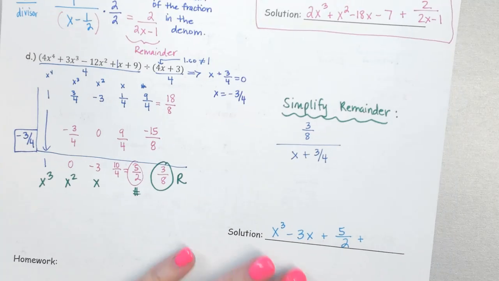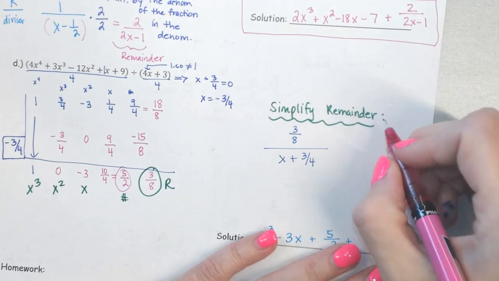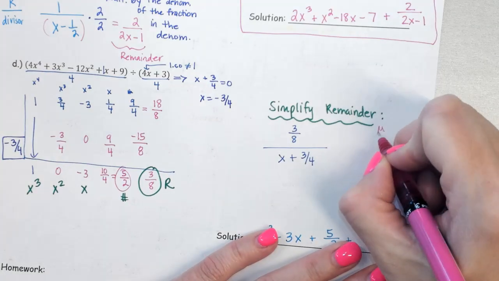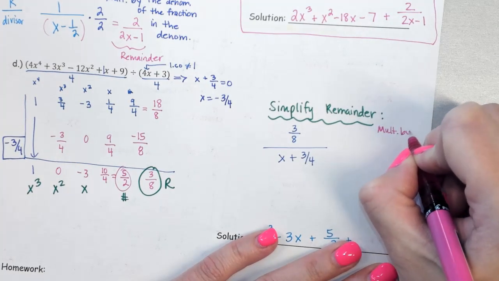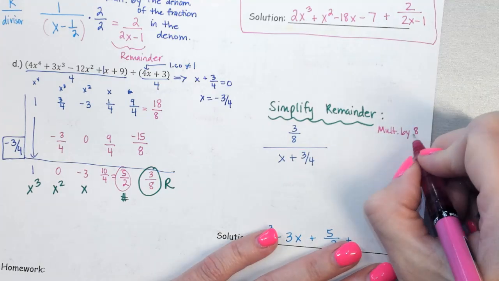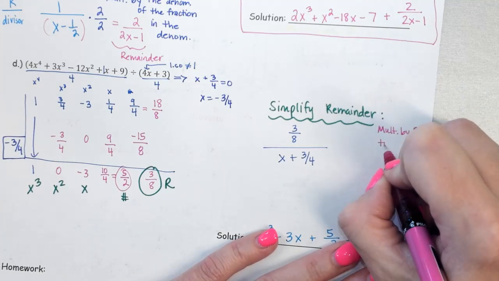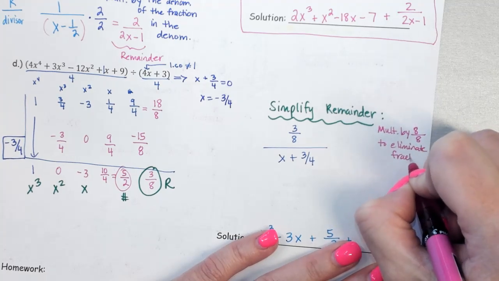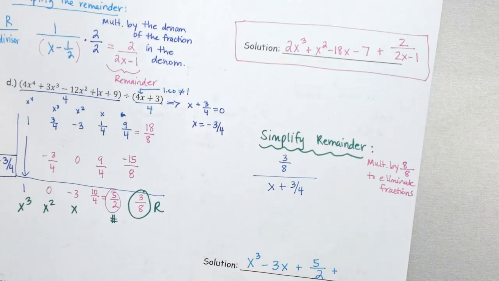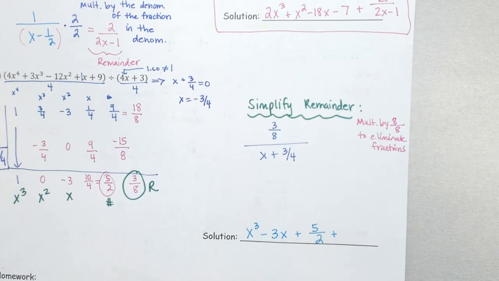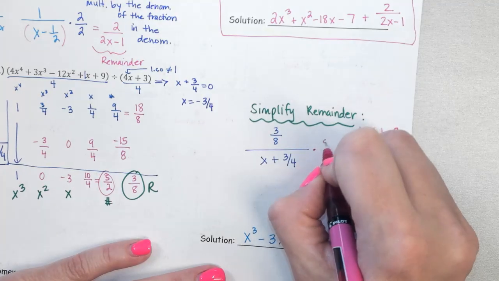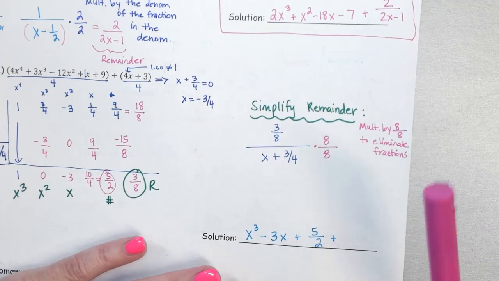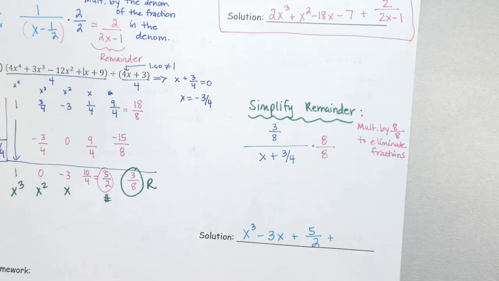Okay, so if you have a fraction in the numerator, you are going to multiply by 8 over 8 to eliminate the fractions. So if you have more than one denominator, you are going to have to multiply by the larger denominator. Okay, so let's see what happens there. So the goal is you don't want a fraction within a fraction.